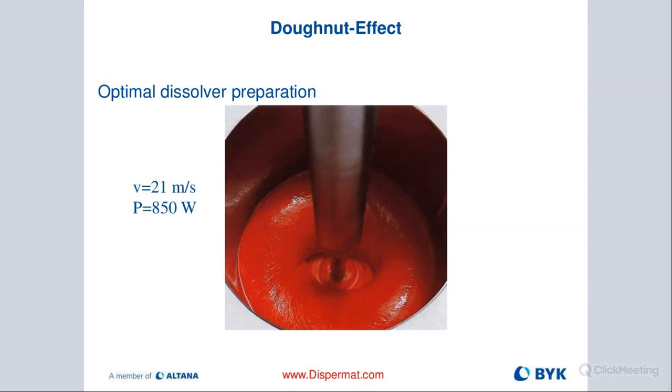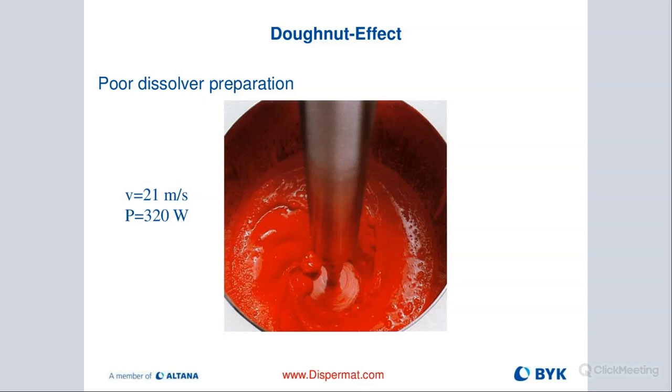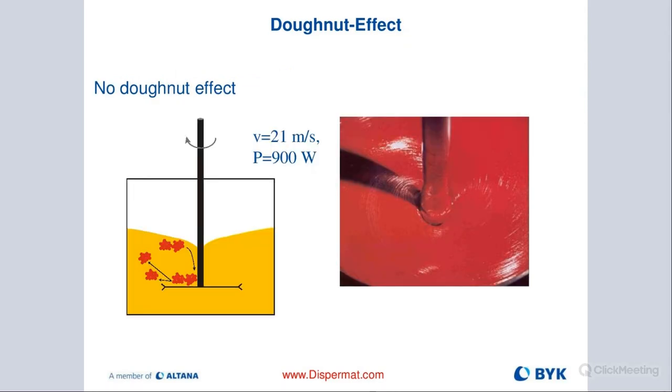That's what you want to see when you look inside of your pot during the pre-dispersion process, and everything at this point is optimized. Now we have scenarios where it doesn't look quite that way. In this case, we have the same tip speed, but we're only putting in 320 watts of energy, and we're not able to really get a donut. So the way that you change this is by changing the diameter of your dispersing blade, and then you would increase the energy that you're putting in, basically putting you back into that optimum range of tip speed of the donut window.